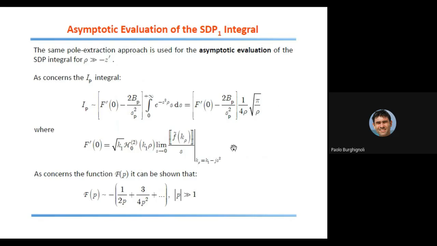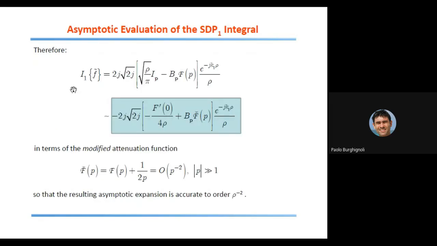The result is this one for the regular integral. And since we are able also to evaluate asymptotically the attenuation function F of p, in the end, this is the asymptotic result for the steepest descent path integral in terms of the so-called modified attenuation function.